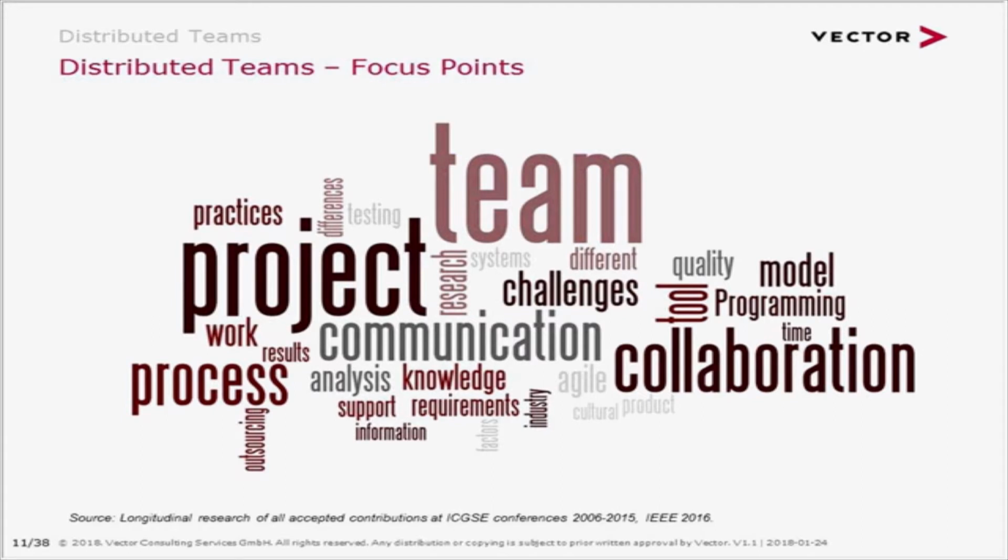Now, what we can see is that the maturity of the research and industry experiences shared in this IEEE conference seemingly have to do with teamwork, with topics such as collaboration, project management, communication, and process.